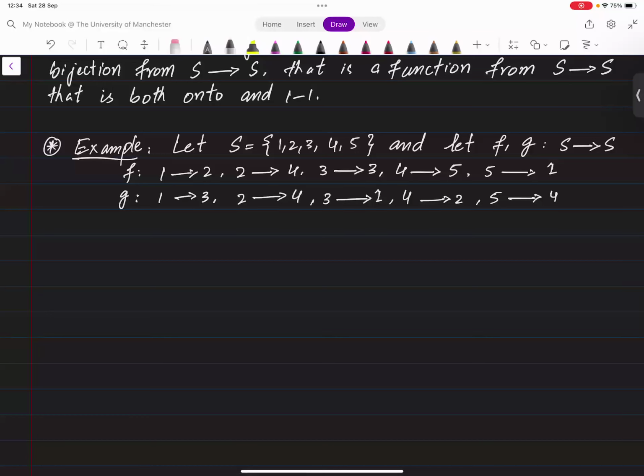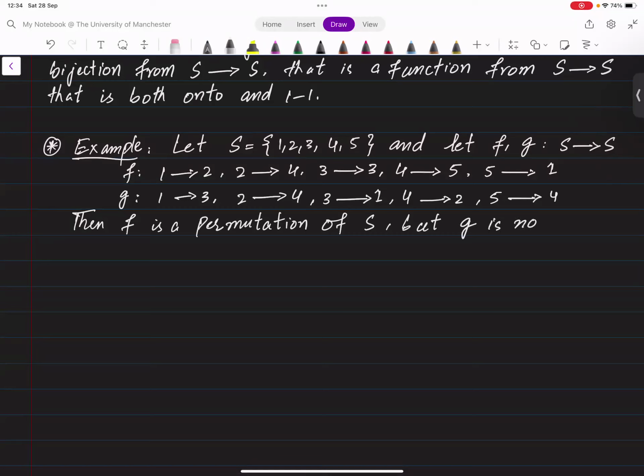And then we say that f is a permutation of S, but g is not. And if you want to ask the reason, it is that 2 is going to 4 and 5 is also going to 4.